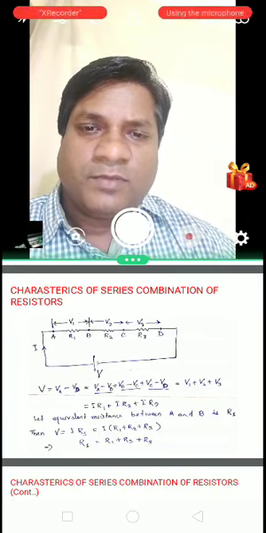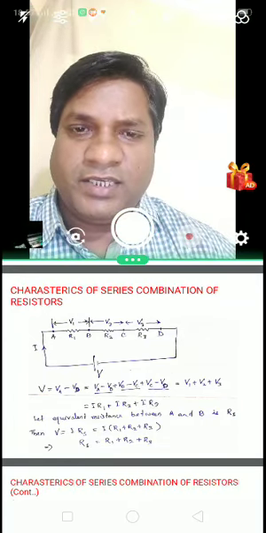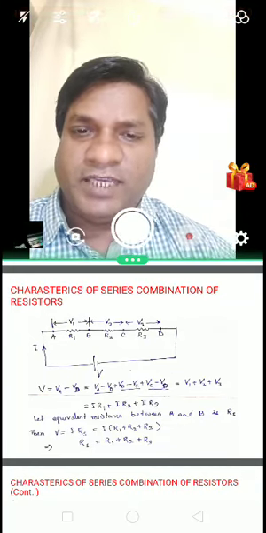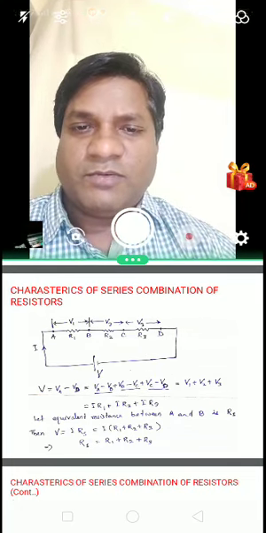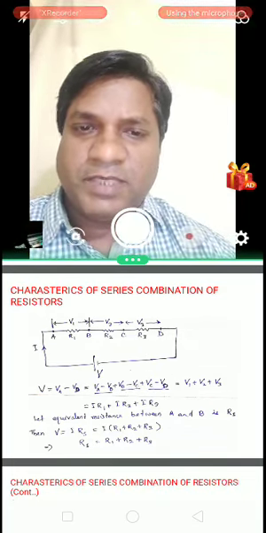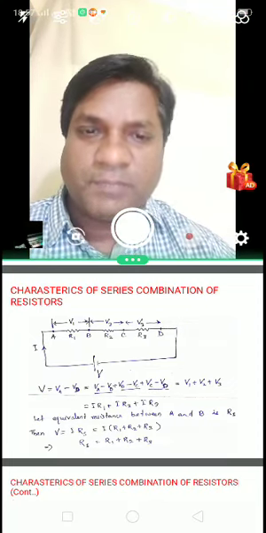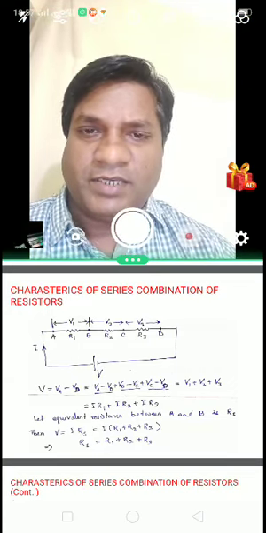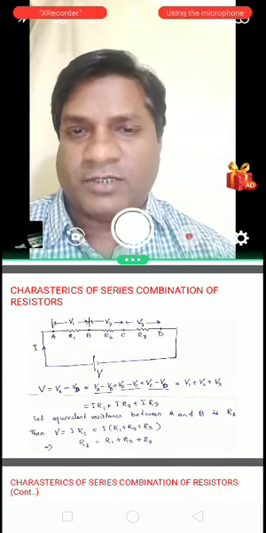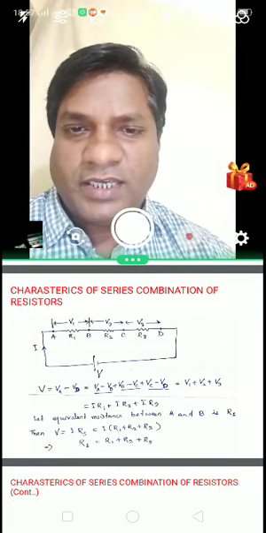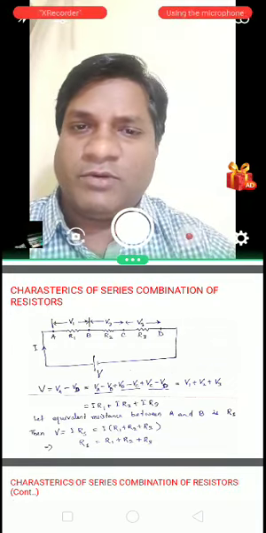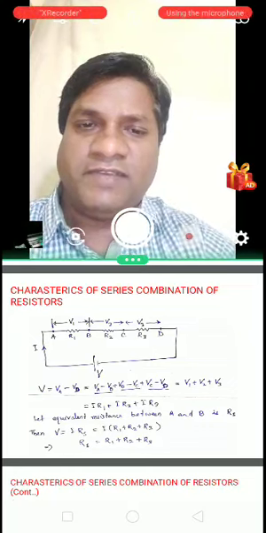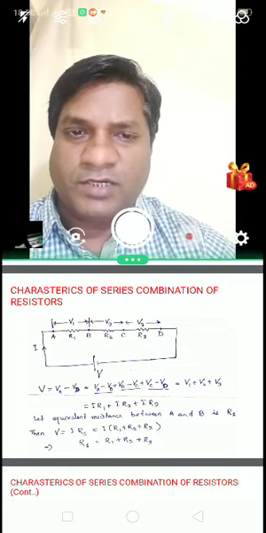Now the potential difference of the cell, V, is equal to VA minus VD, which is equal to VA minus VB plus VB minus VC plus VC minus VD. VA minus VB is the potential drop across R1, that is V1. VB minus VC is the potential drop across R2, V2, and the potential drop across R3 is VC minus VD, that is V3.